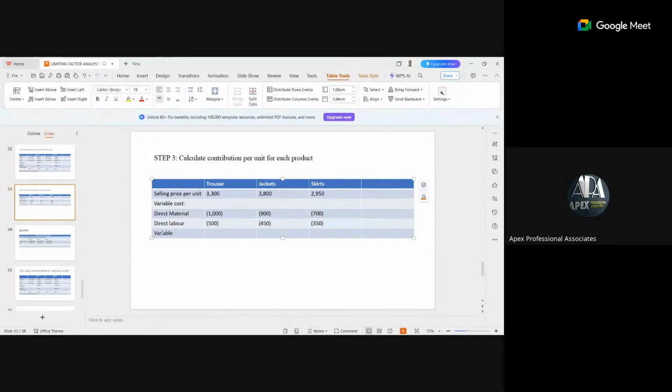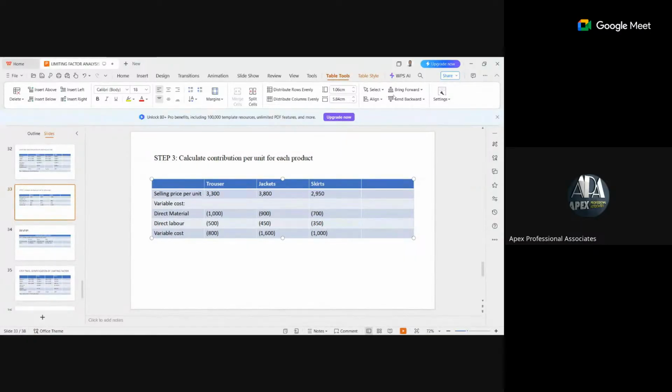For trouser it is 800. For jacket, 1,600. For skirt, should be 1,000. So selling price minus variable cost will give you contribution.